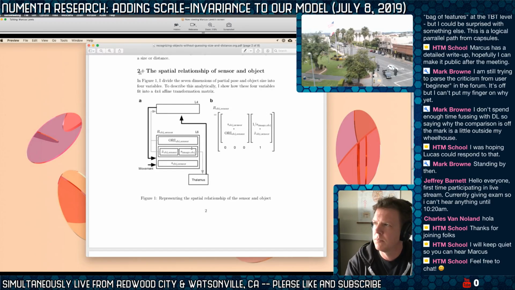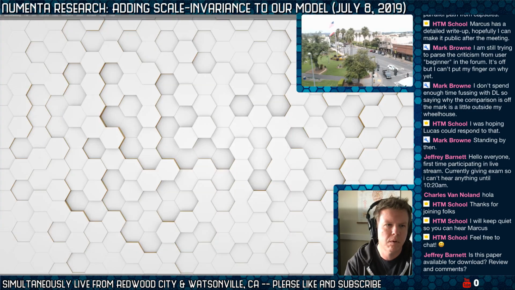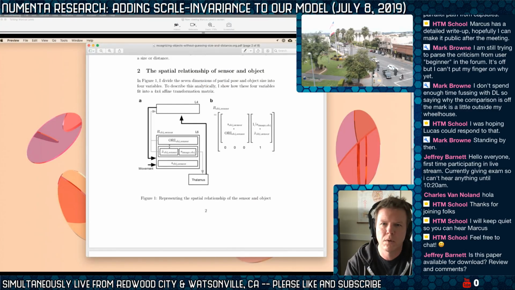I talk about the subpopulations of layer 6 in the cortical column, and I have the same back and forth between layer 4 and layer 6 that we have currently today. But I divide up the representations in 6 differently. I also show where thalamic scaling fits into this, having this notion of how large the object is on the retina and passing that down to the thalamus.